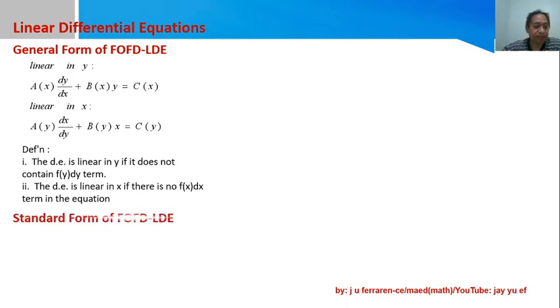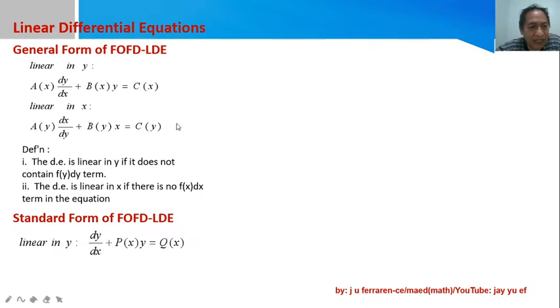Now, the standard form of a first order, first degree linear DE. We have to arrange the terms like this. Linear in y, you start with a purely dy/dx term plus a term involving y. So, as if you divide every term. We have P of x, the coefficient of y, then a purely x function placed at the right.